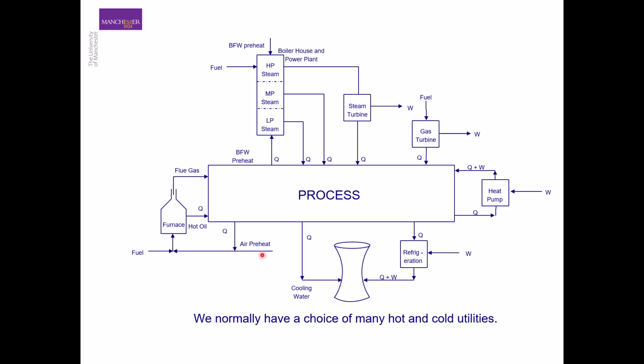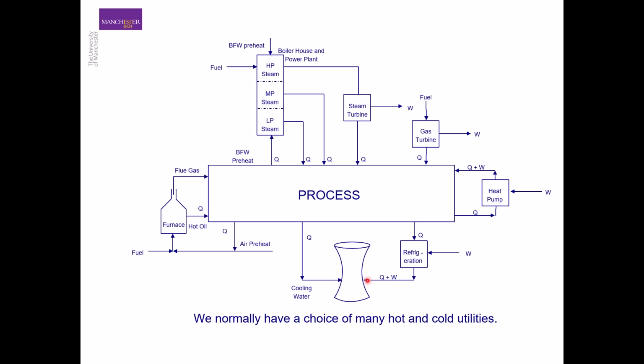Now, in terms of our cold utilities, obviously we mentioned preheat as one form of cold utility. The most common source of cold utility is cooling water. And the cooling water temperature can vary largely, going from 10 degrees centigrade to 25 degrees centigrade, depending on the location of the cooling tower in the process.